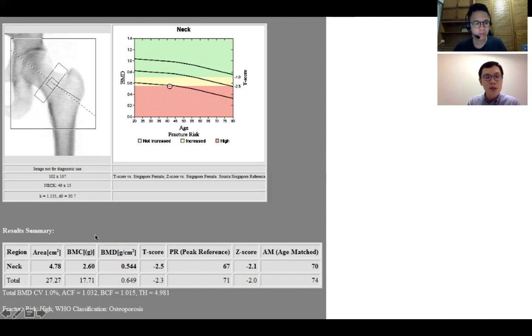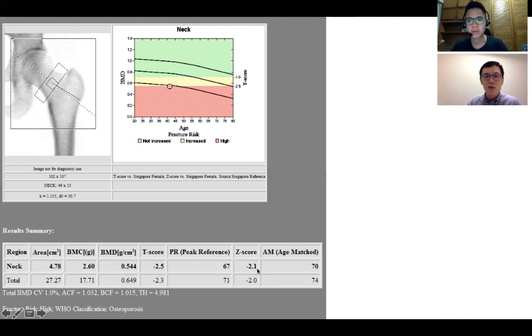There are a few numbers, and it tells you for the left neck of femur what the area is in cm squared, and then the bone mineral content in grams, and then they divide the bone mineral content over area to give you the density. And then there are two scores, the T-score and the Z-score.